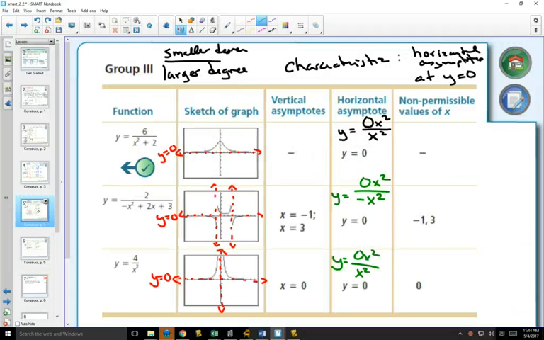Some other things that we're going to notice. I'm going to just check. Do any of these factor nicely? Well, this second one on the bottom, if we factored this, we would get negative x and x, minus 3 and minus 1.